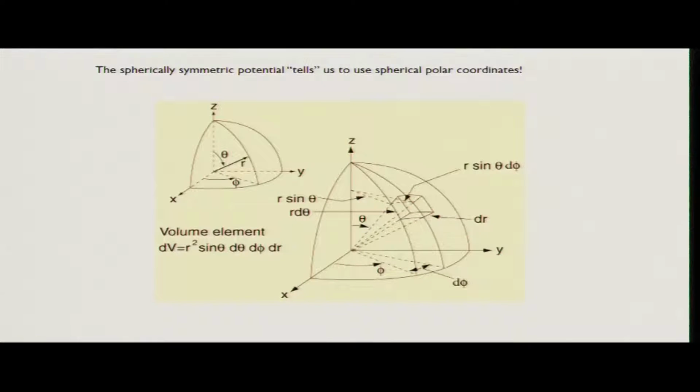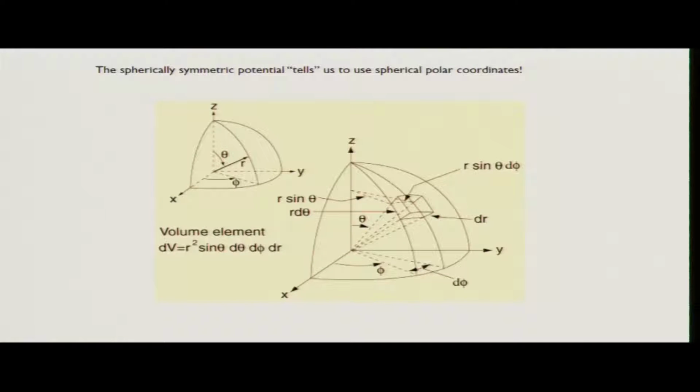The spherically symmetric potential in this case tells us that we can use spherical polar coordinates, just like what we have done for the 3D rigid rotor for instance. The only difference is here it is not a rigid rotor, the r can also change.